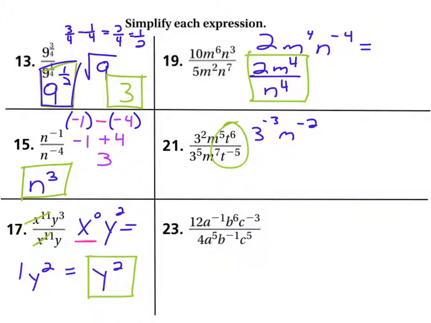And let's just write it down. T to the 6, minus negative 5. That's the same as 6 plus 5, or 11. So then we would have t to the 11th power.